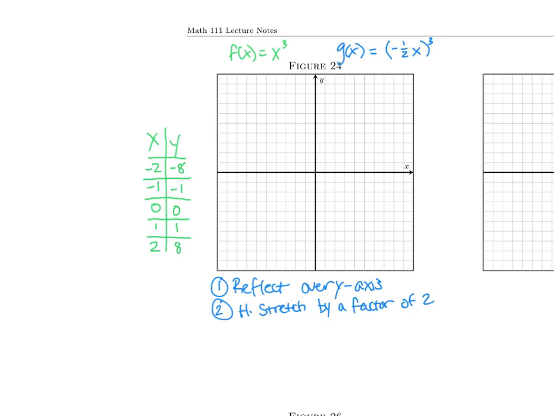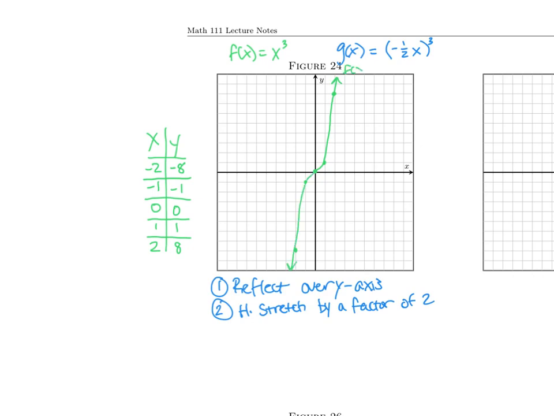And the reason that we make these larger tables as opposed to just plugging things in is because that's not transforming, that's just plugging things in. We need to show the actual transformation and what's happening. So if I graph this, 0, 0, 1, 1, 2, 8, -1, -1, -2, -8, there we go. So our cubic graph is going to look like this.